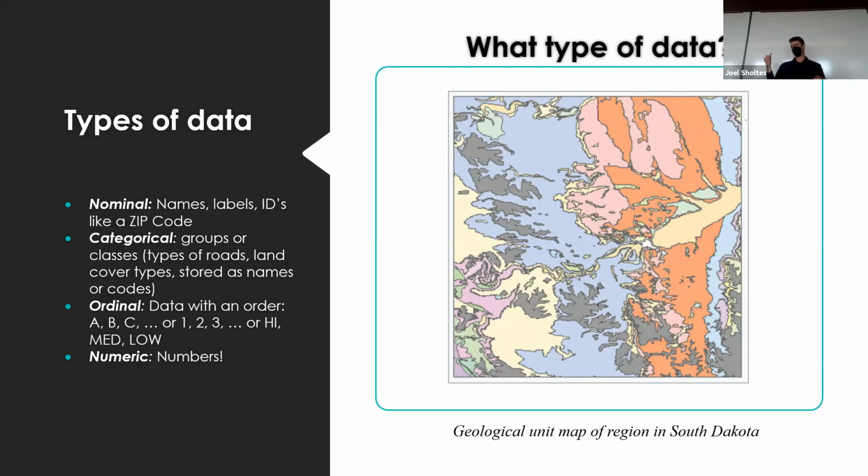So we can have a street, county road, a highway, an interstate, something like that. But you could imagine that for each category, you could just have a code associated with it: 1, 2, 3, 4. So that's the difference between categorical and nominal. Nominal, you need the information, you need the zip code, you need the address, the name, something like that. But categorical, it could be both. It could be a name, but underneath that is typically a code.